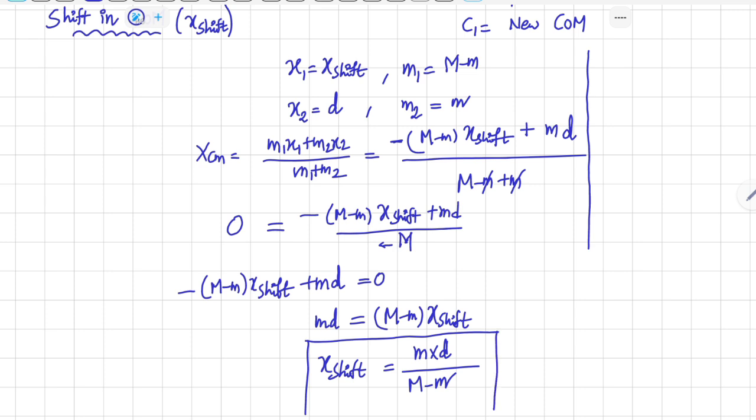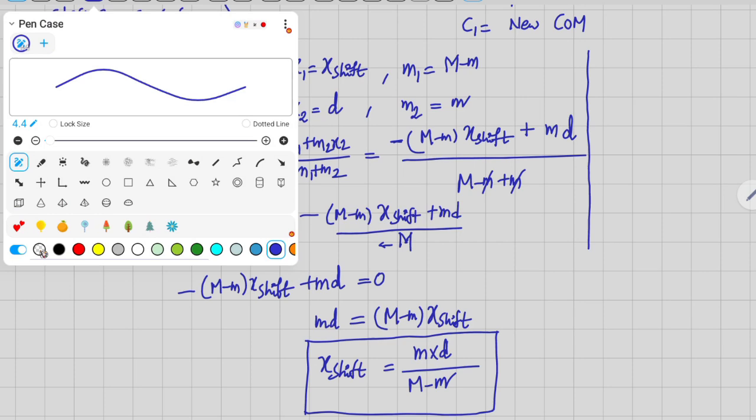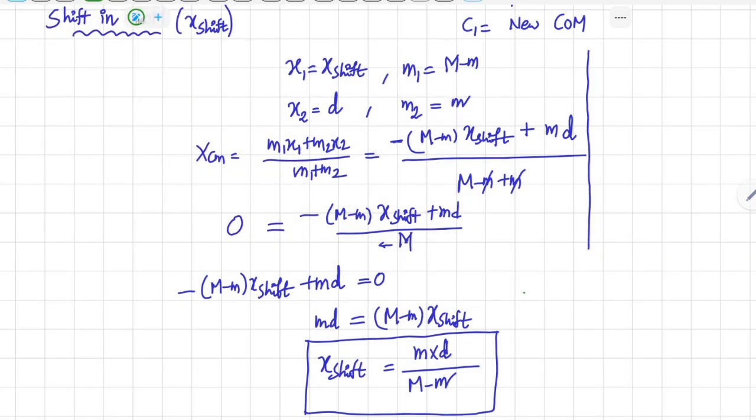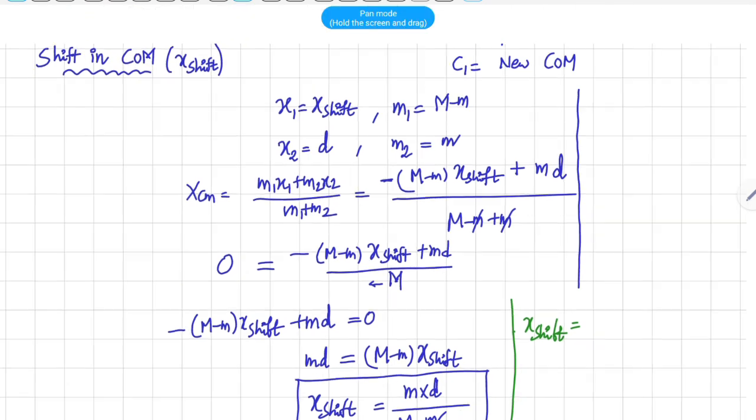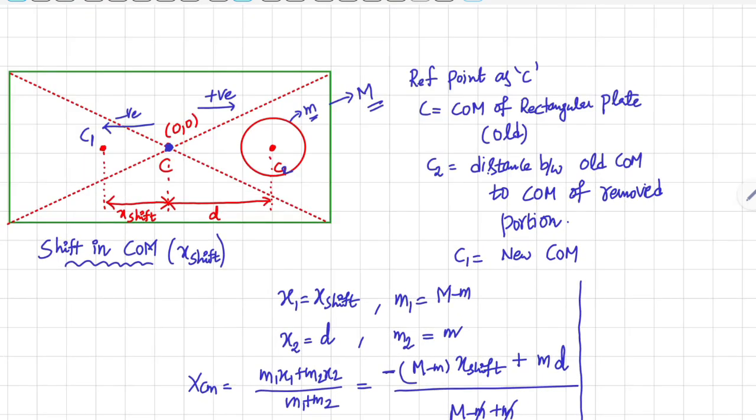You can use this formula to find the distance by which the center of mass has been shifted. Now I want to know the generalized form of this, so I am just modifying this equation. Small m is nothing but the mass of the removed portion, and capital M minus small m is the remaining mass of the object which is left after removing that circular portion.